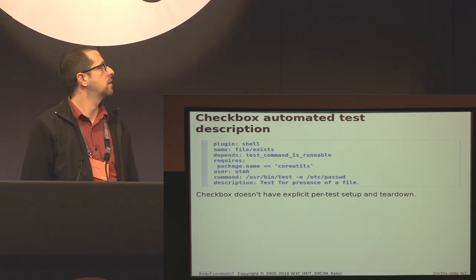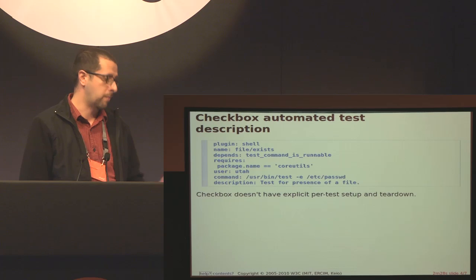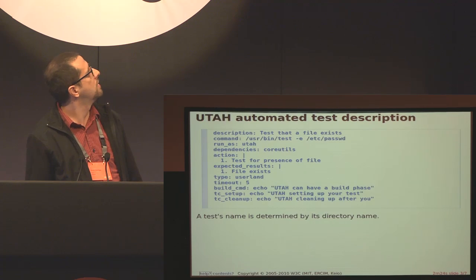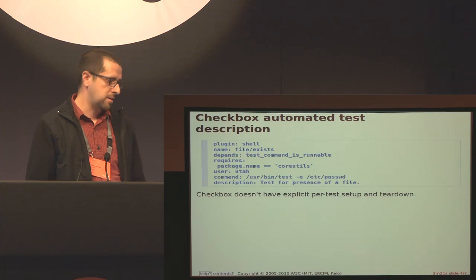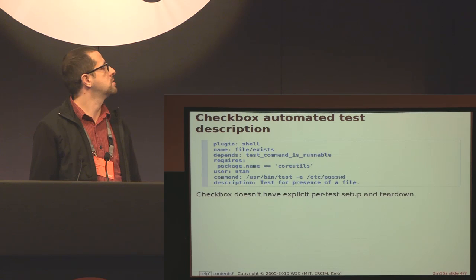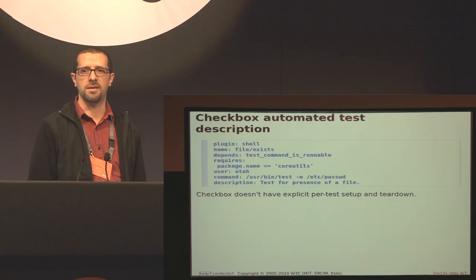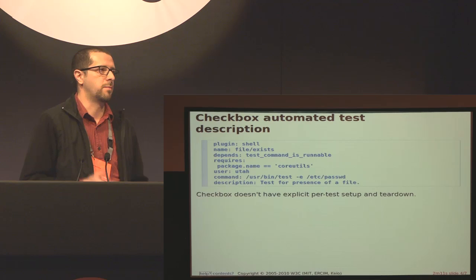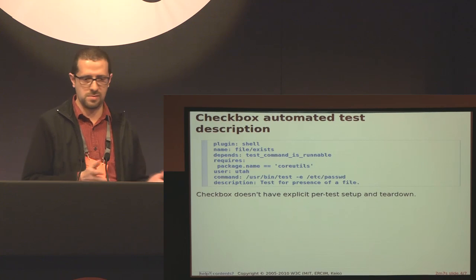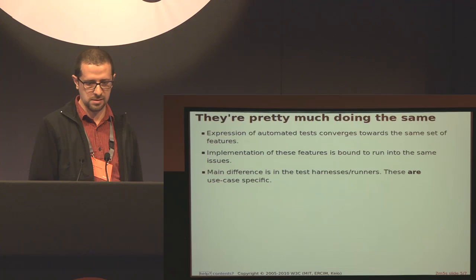It has a user under which the command is going to run. It has the command that's going to run, the same as on the previous one. And it has just a textual description. Checkbox doesn't have explicit per test setup and tear down steps, but that's by design. That's what the tool works for, but that's just some meat and potatoes to the test, right?